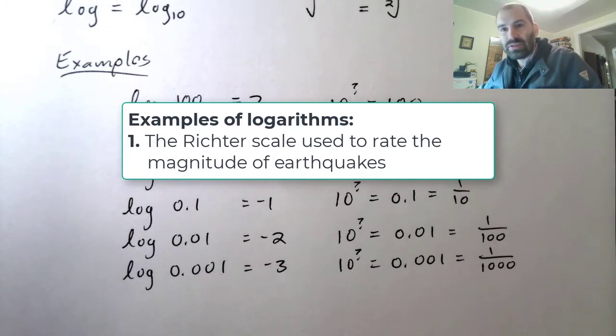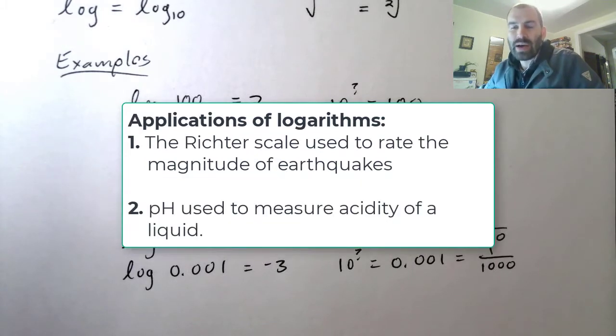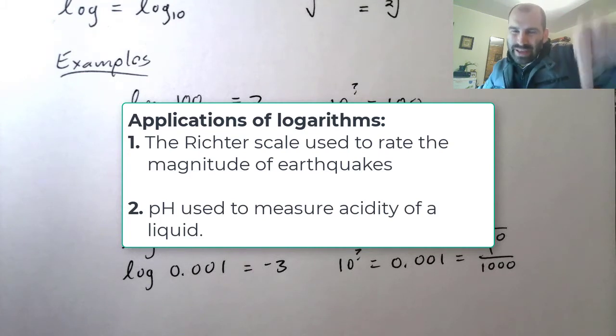It's also used when we measure pH, which is how acidic something is. The lower the pH, the more acidic it is. So if you look at a pH of 6 compared to a pH of 7, since acidic is going down, basic is the opposite of acidic, so basic's going up.